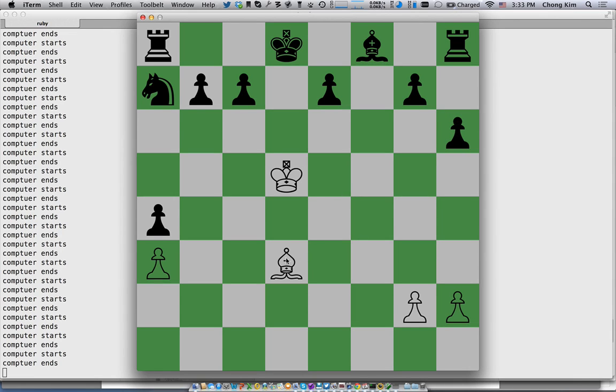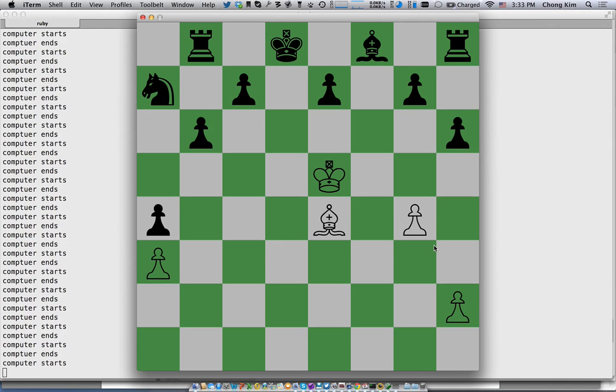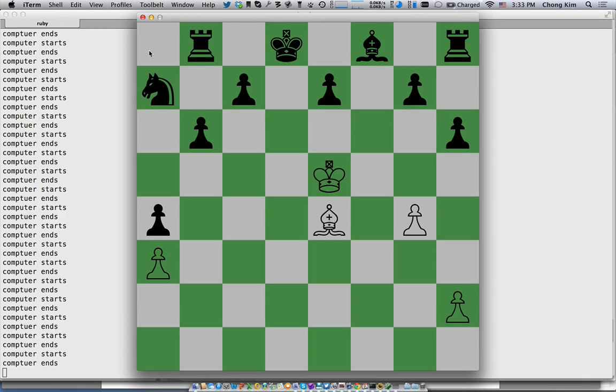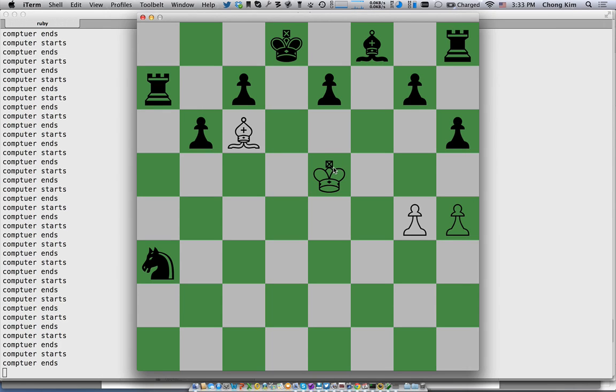I have a bishop here, so I'm going to see what happens if I try to, okay. Now it knew that if it moved the rook over here, I was going to take this pawn. Okay, so right now it has no direction. Let's take. All right. There's no way that I could really win here.